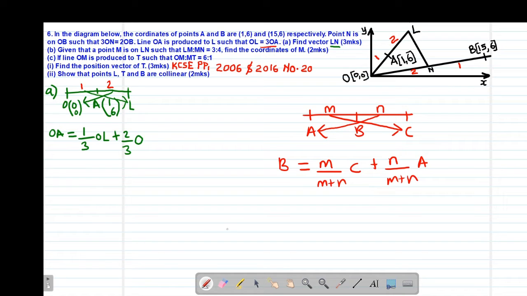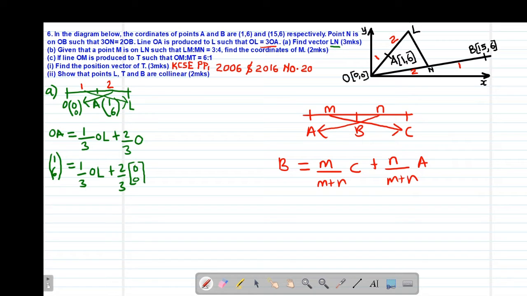So if I substitute my coordinates, OA of course simply means we are going to consider the coordinate for point A, which is 1, 6. So this should be equal to a third of OL. For OL, of course, we are going to use the coordinate for point L. Then we are going to add 2 over 3 into the coordinates of the origin, which are 0, 0.